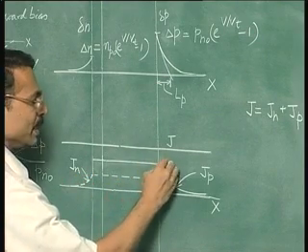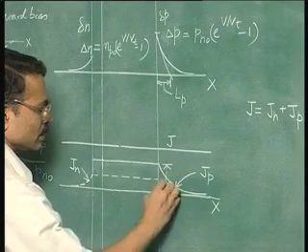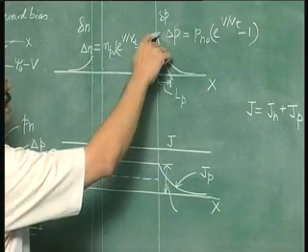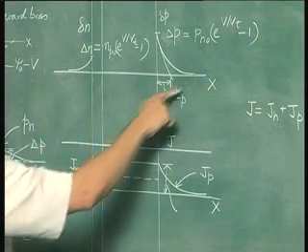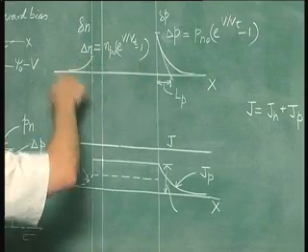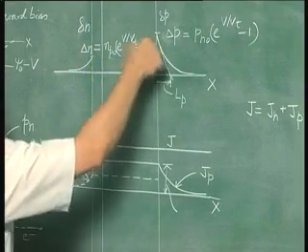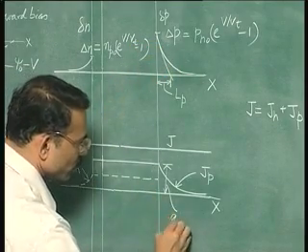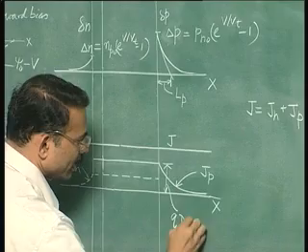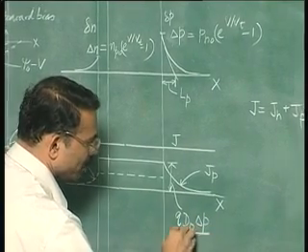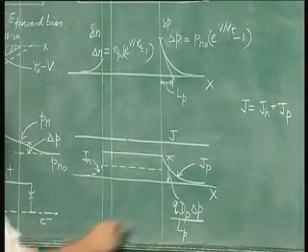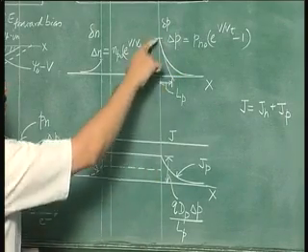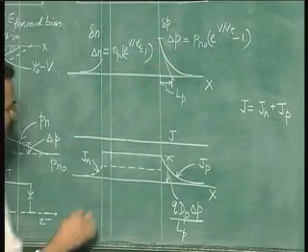This Jp is, if you write in terms of this, the diffusion current at this edge. Please note that these two graphs are on the linear scale, okay, that is why you are able to show exponential variation as this shape. So this is q Dp into delta p upon Lp, the diffusion current at the depletion edge, that is obtained from this slope and the factor of diffusion approximation.